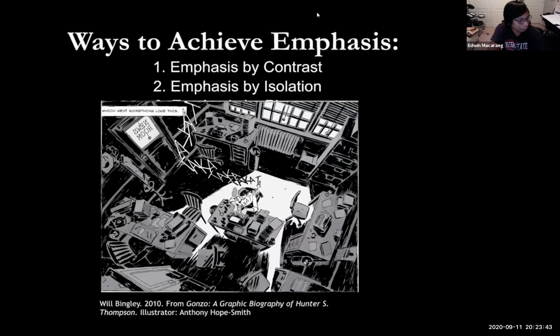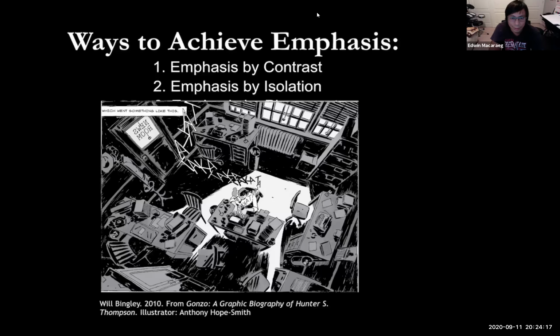If you look at this work of art here, the first thing I think is very high, strong contrast, and that is due to the relatively dark overall composition, yet in the center we are seeing a subtle collection of very strong highlighted areas. Will Bingley, 2010, from Gonzo, a graphic biography of Hunter S. Thompson. Very cool.